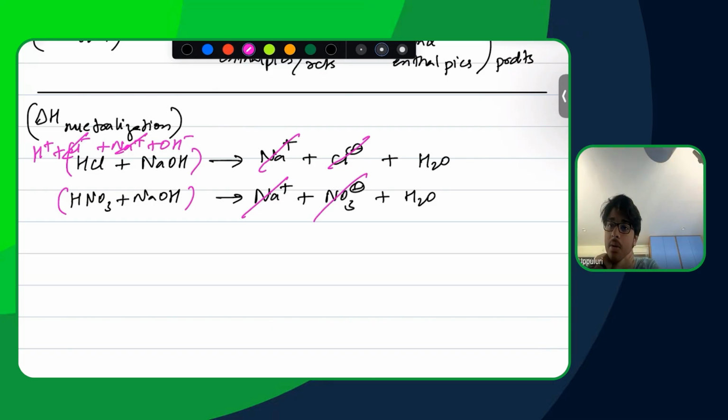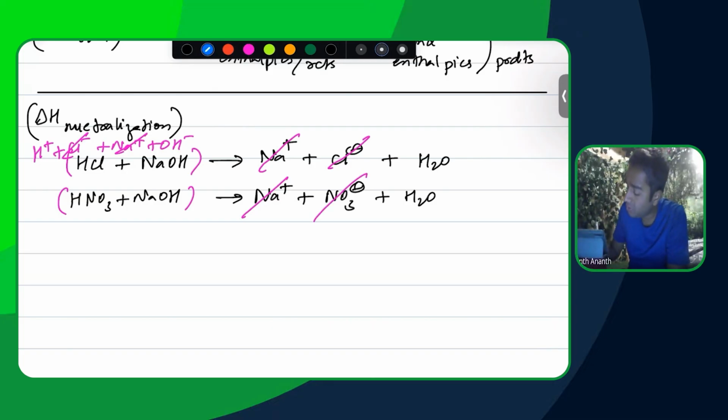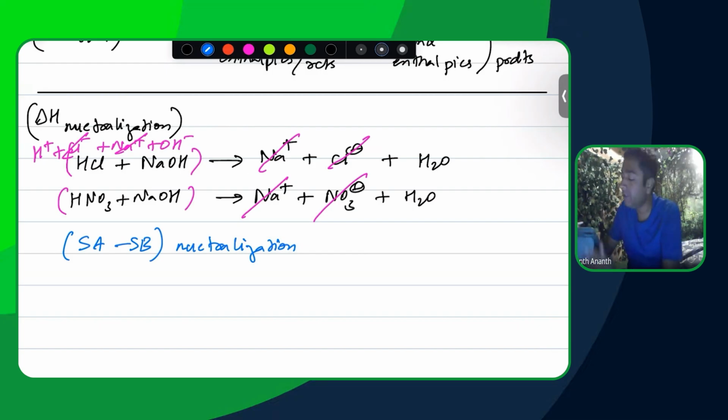So if I am having a strong acid, strong base neutralization, the idea here is very simple. The real neutralization reaction is only going to be H+ plus OH- giving H2O. As simple as that.